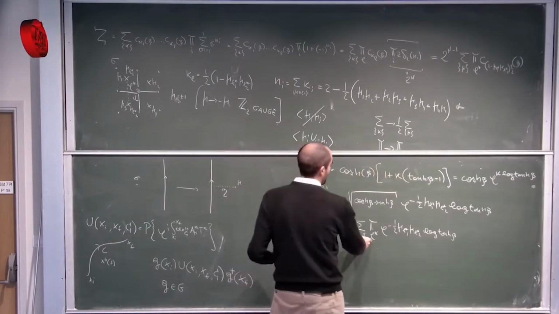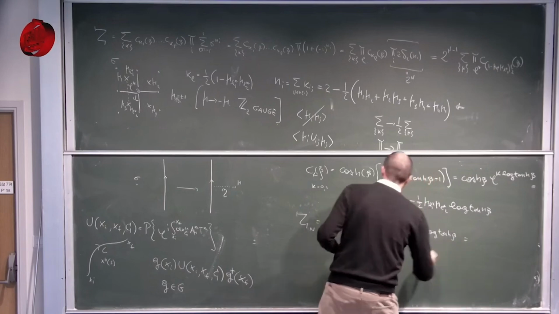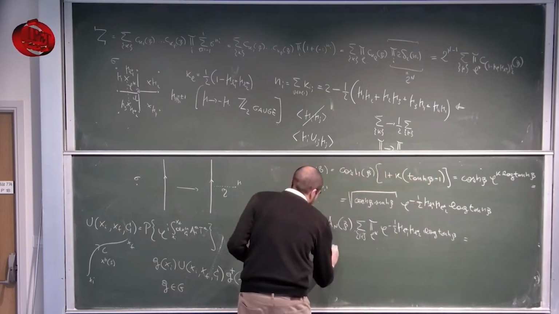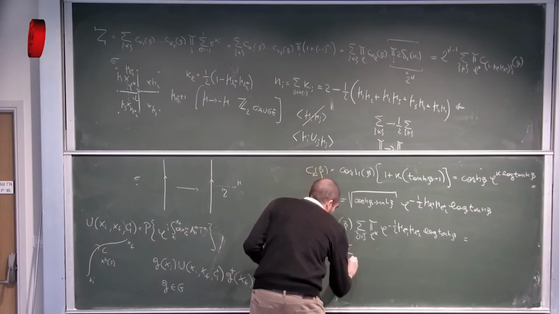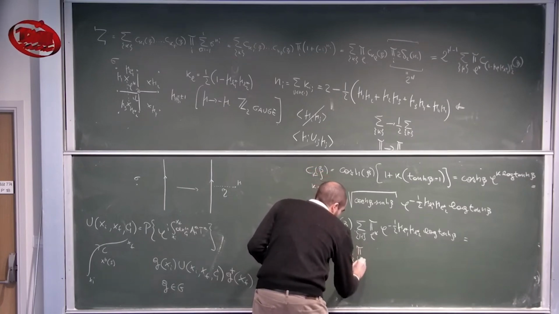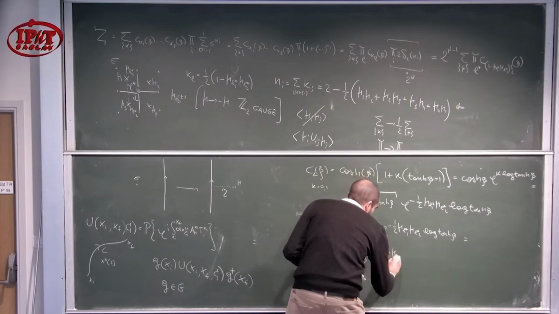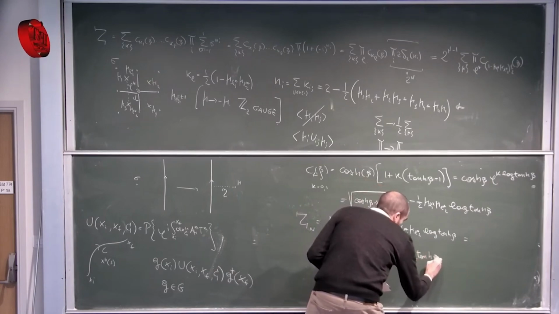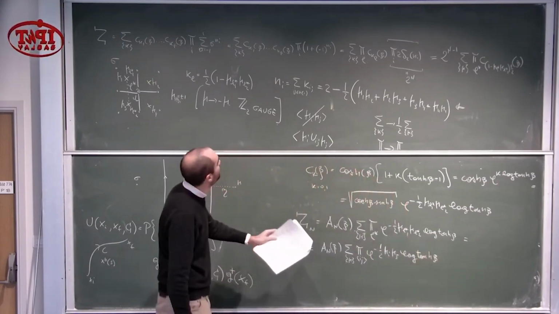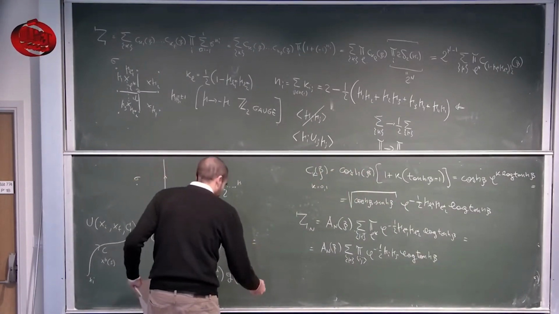So before we turned product over nearest neighbors into a product over links, and now we're going to turn a product over links into a product over nearest neighbors.